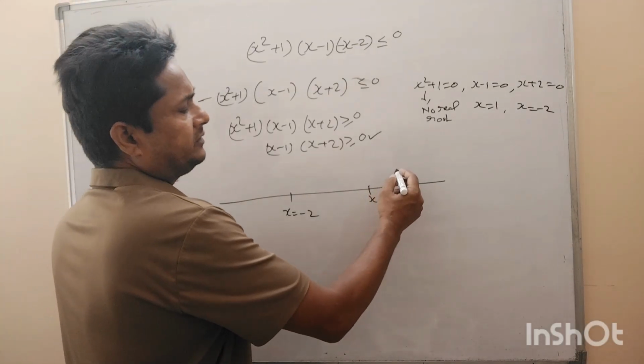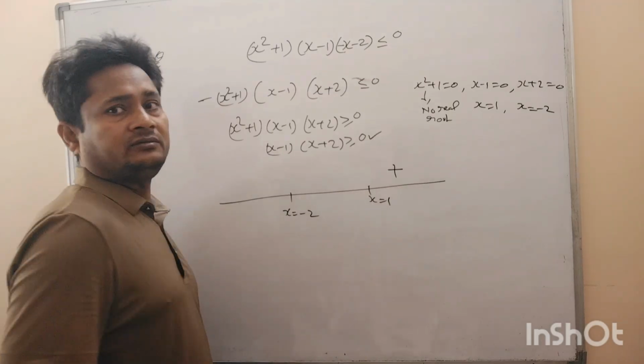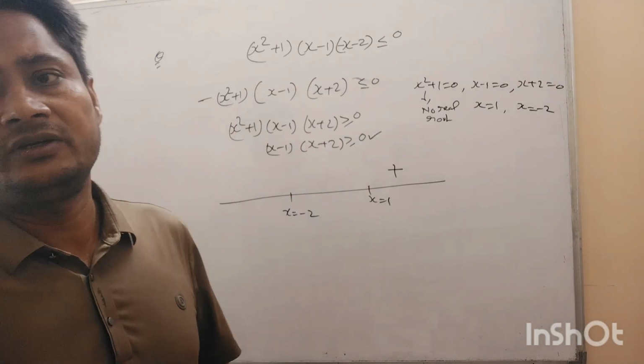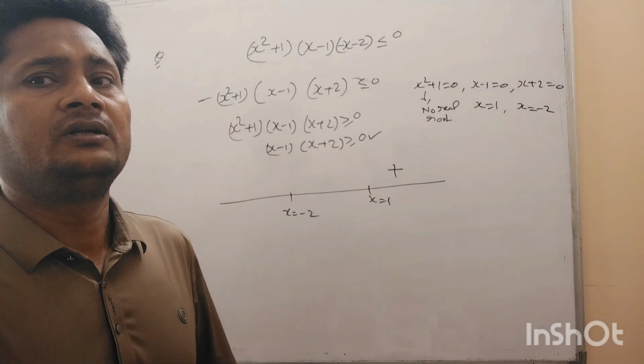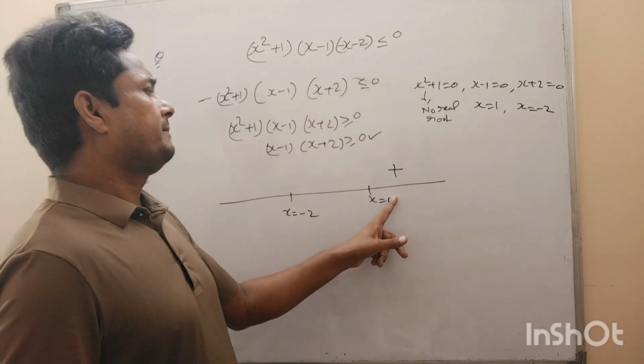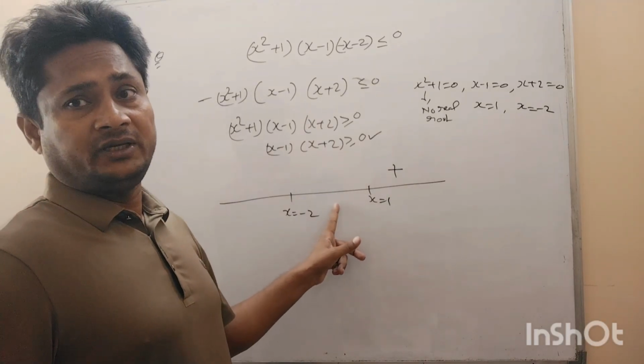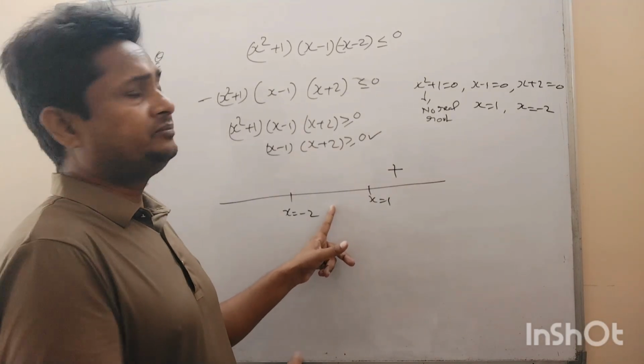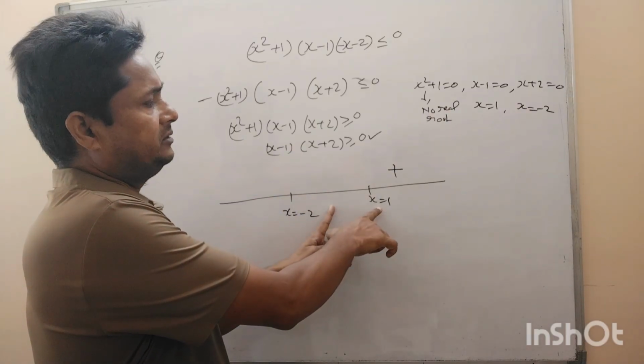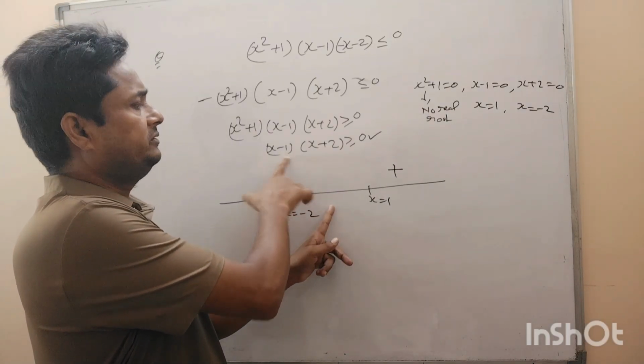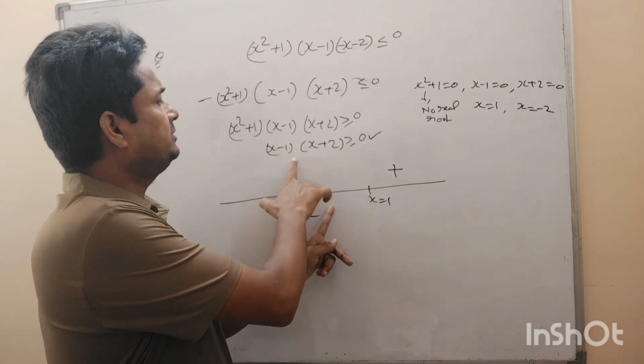Now after that make a plus sign in the rightmost interval. Then you can make the sign here according to the factor which is giving root x equals 1.